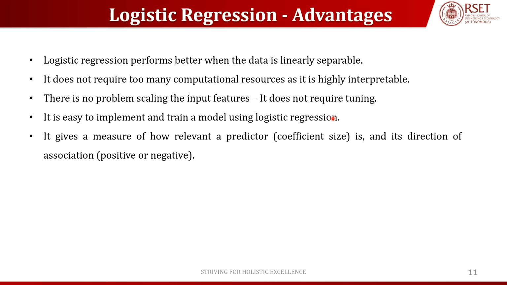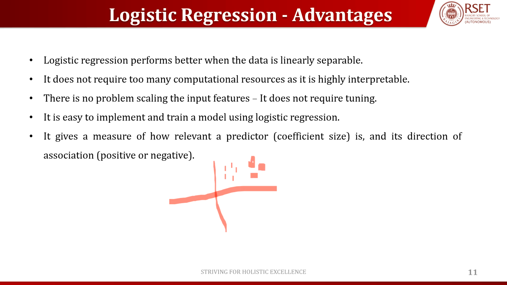Now, what are the advantages of logistic regression? Logistic regression performs better when the data is linearly separable. Linearly separable means if I represent the data points in a coordinate system, and I have some data points like this, some are ones, and some other data points, say they are circles.